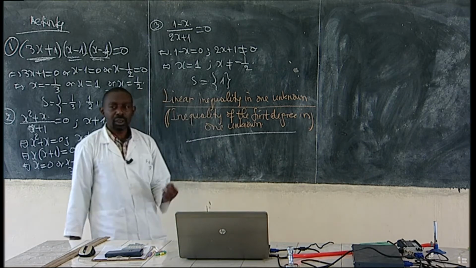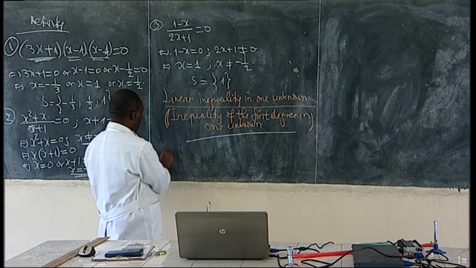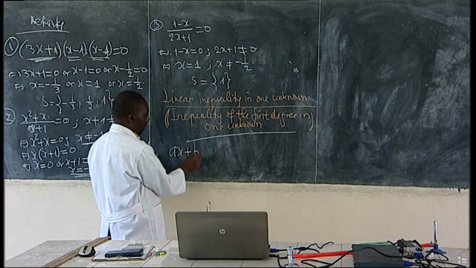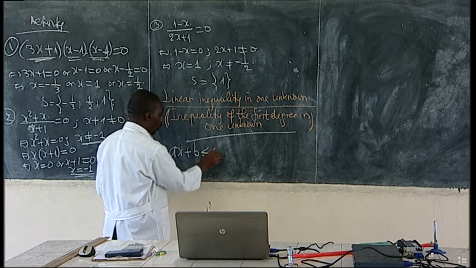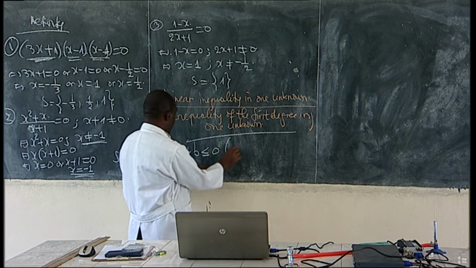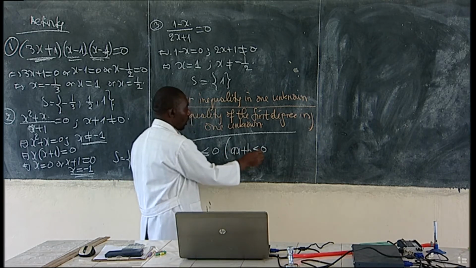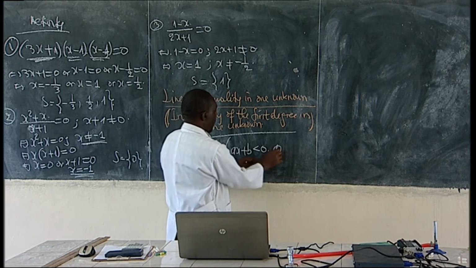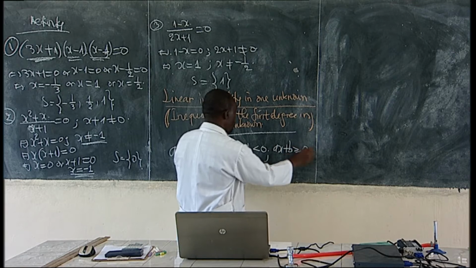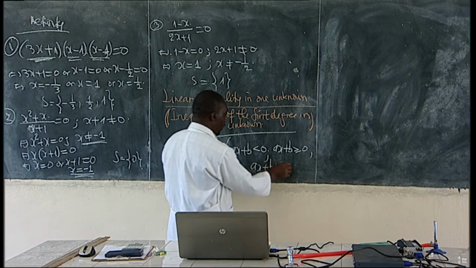So what you need on this is any expression of this form: ax plus b less than or equal to 0, or ax plus b less than 0, also ax plus b greater than or equal to 0, or ax plus b greater than 0.